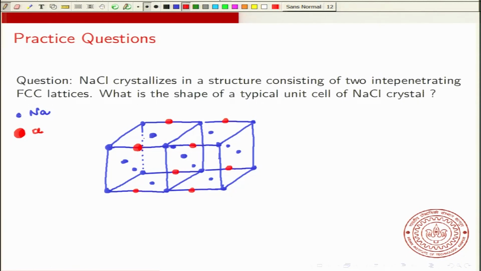This is the corners. And additionally, you also have one at this edge center, this edge center.